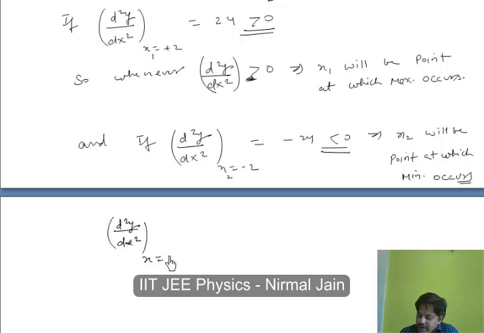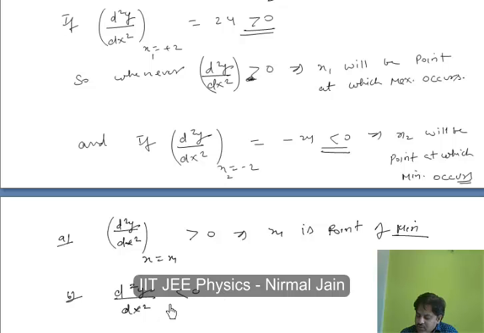Okay, so our second derivative test says that whenever d2y by dx2 at any point x1 is greater than 0, x1 is a point of minimum, while if d2y by dx2 is less than 0 at some point x equal to x2, x2 is a point of maximum, right?